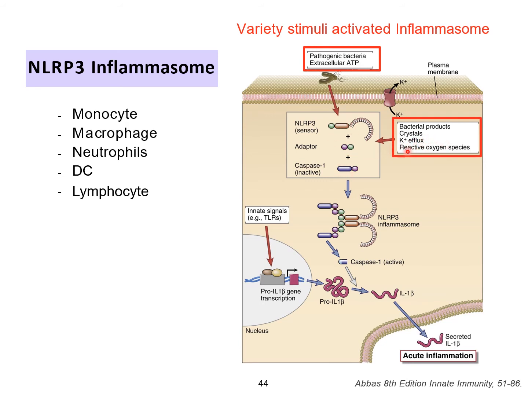Bacterial products, crystals, potassium efflux, and reactive oxygen species affect these inflammasomes, leading to production of active caspase 1, and this caspase 1 will help in the signaling pathway, that is conversion of pro-interleukin 1 beta to interleukin 1 beta and finally secreting into the site of infection. This is found in monocytes, macrophages, neutrophils, dendritic cells and lymphocytes.